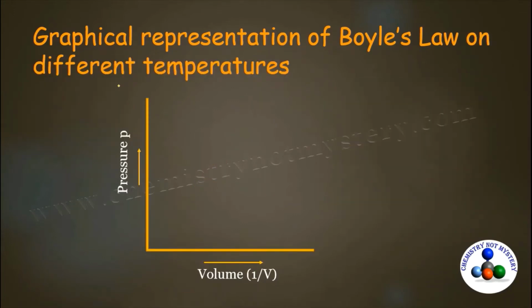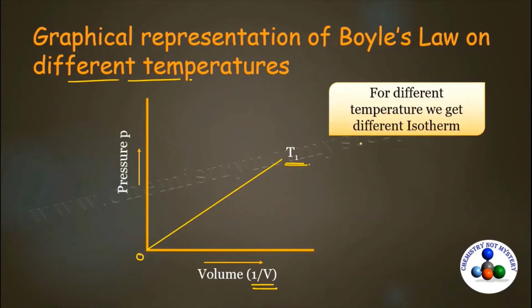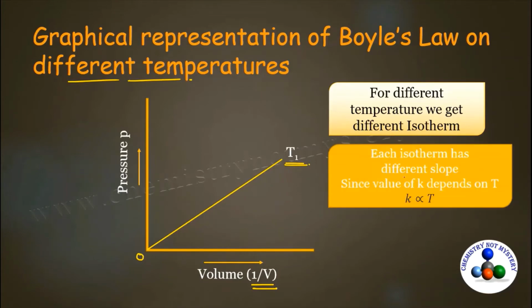Now let's see what will happen if we conduct the experiment under different temperature conditions. When we perform the experiment at temperature T1, we will get this yellow line. But if we perform the same experiment at a different temperature, we will get a different isotherm. Each isotherm has a different slope.